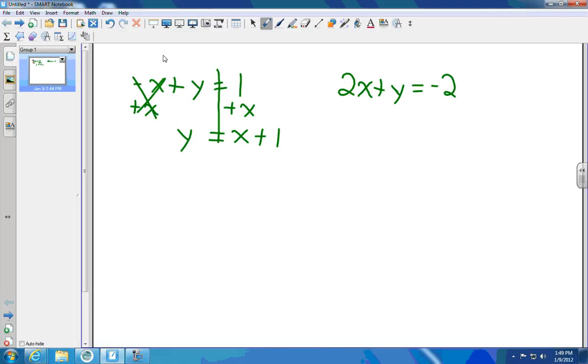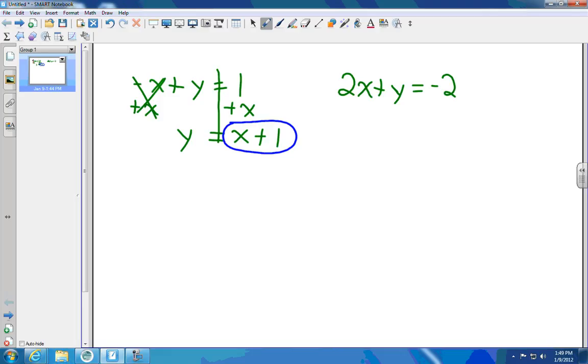And step 2 says substitute the expression from step 1 into the other equation for that variable. Which variable did we solve for here then? Which one did we get by itself? We got the y by itself. So what you're going to do is take this value, or this expression, x plus 1, and put it in this equation for the y. That's what the substitution means.